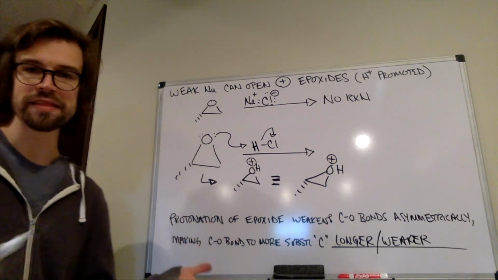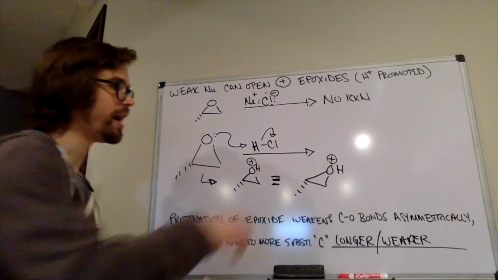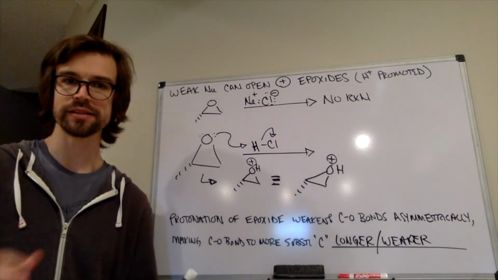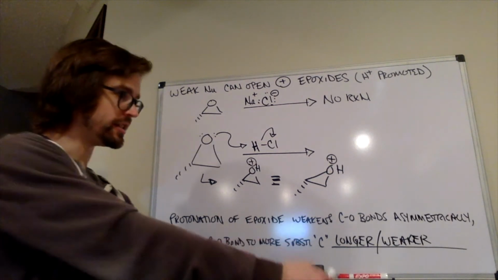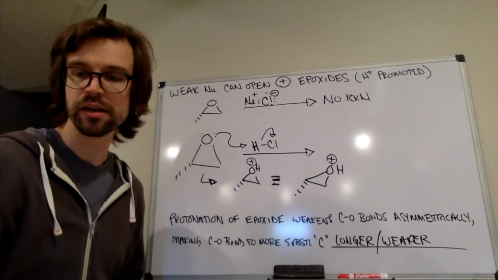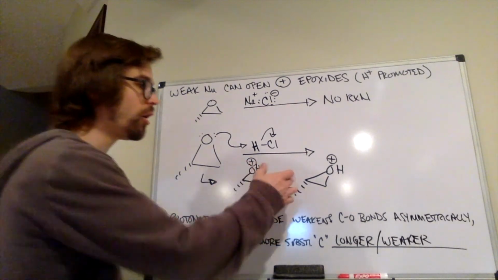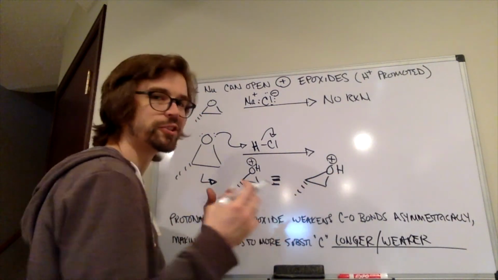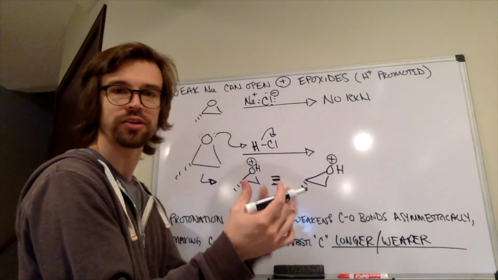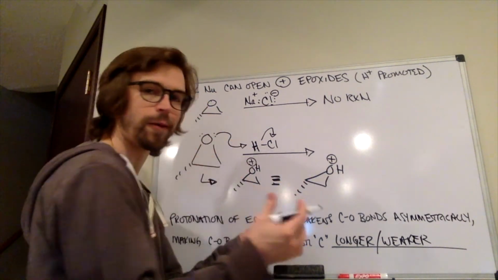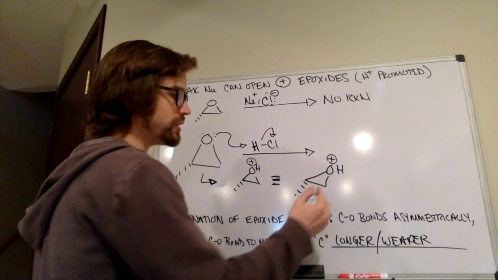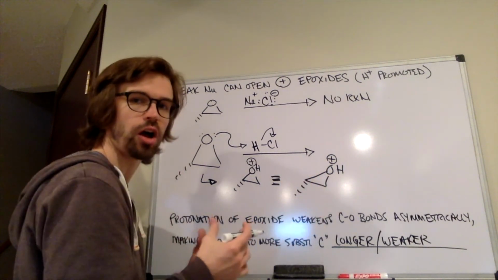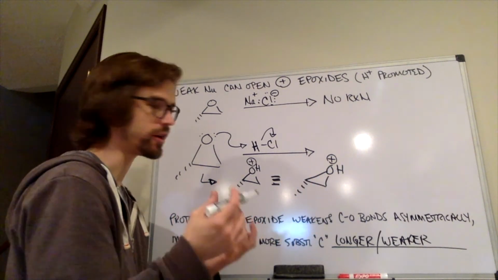And why might that be like that? Well, this oxygen does not want to have a positive charge. It is pulling electron density away from that carbon, and essentially these carbons are trying to even lend it a little bit of their electron density, because a carbon would rather be positive than an oxygen. So they're actually going to take on some partial positive character themselves.